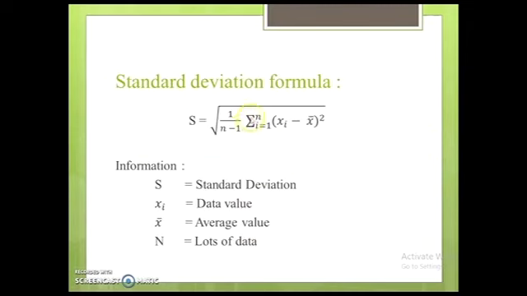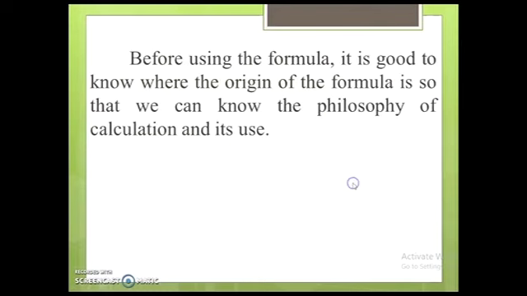The standard deviation formula is s equals the square root of 1 divided by n minus 1 times sigma of xi minus x bar, squared. Here s is the standard deviation, xi is the data value, x bar is the reference value, and n is the amount of data.